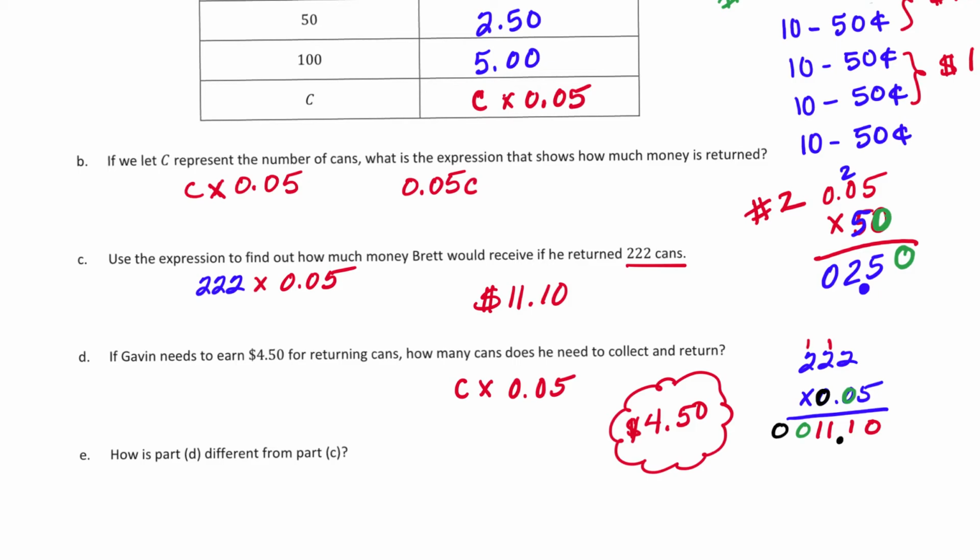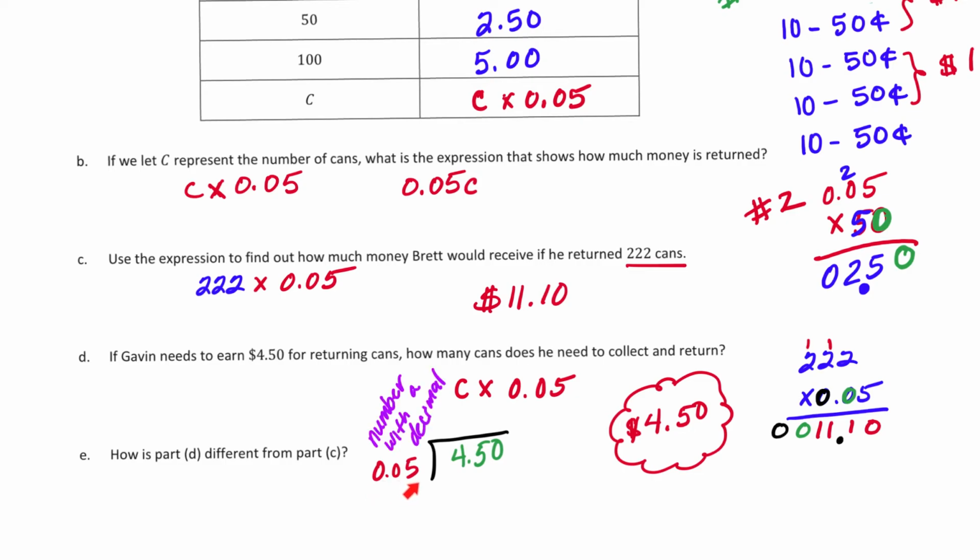So use your mental math. So instead of multiplying, we are going to divide $4.50, and we're gonna divide that by the 5 cents. Now here you're gonna have to go back and remember the rules that your divisor cannot be a decimal.